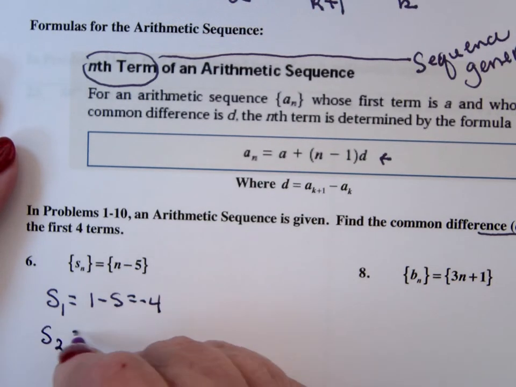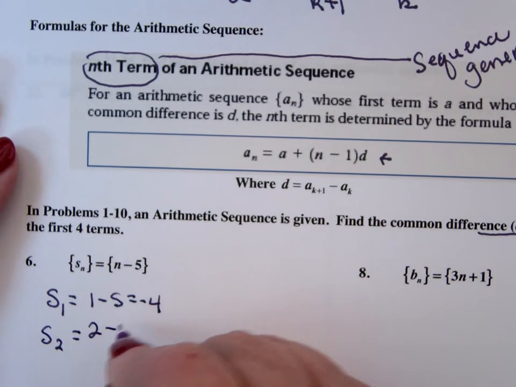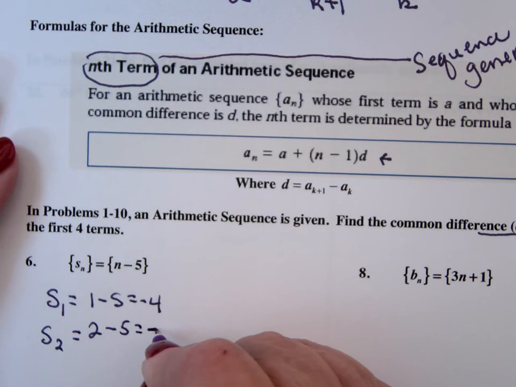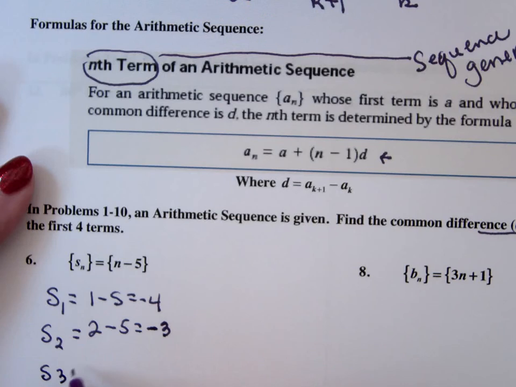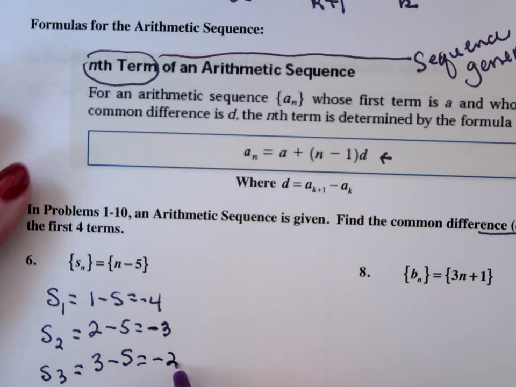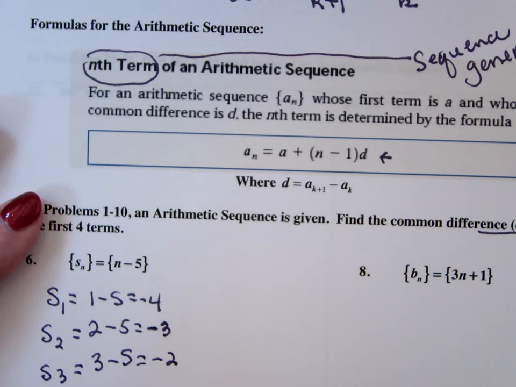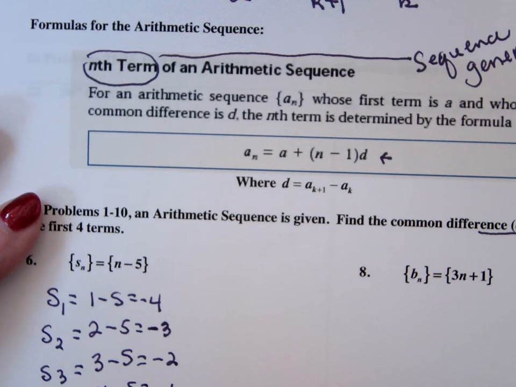S sub 2 is 2 minus 5, which is minus 3. S sub 3 is 3 minus 5, which is minus 2. S sub 4 is 4 minus 5, which is minus 1.